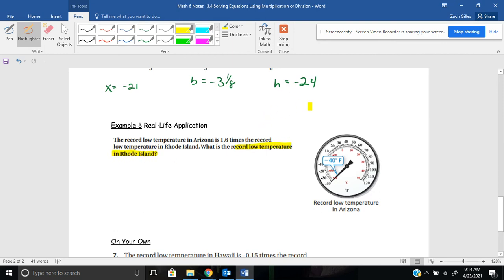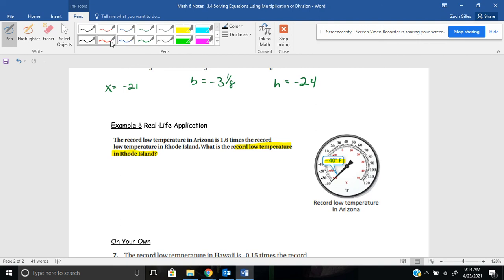And I know the record low temperature in Arizona is -40. And I also know that the record low temp in Arizona is 1.6 times that of Rhode Island. Okay, can I write an equation that would help me solve this problem? Well, let's see if we can break this down piece by piece to do so.